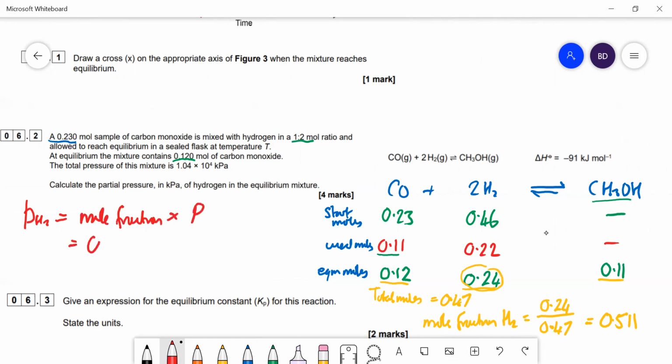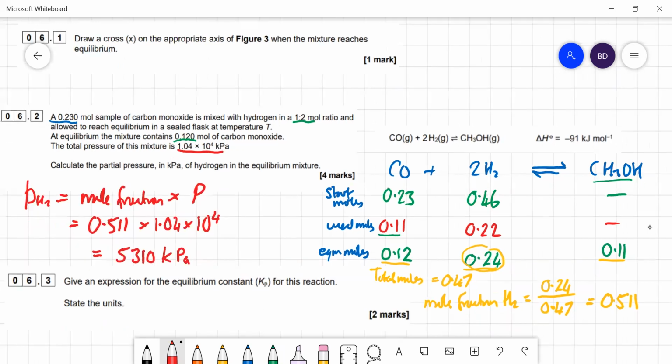The mole fraction we just worked out is 0.511, and the total pressure is 1.04 times 10 to the 4. So that is going to be 5,310, and the units are kilopascals. Okay, that is our answer.